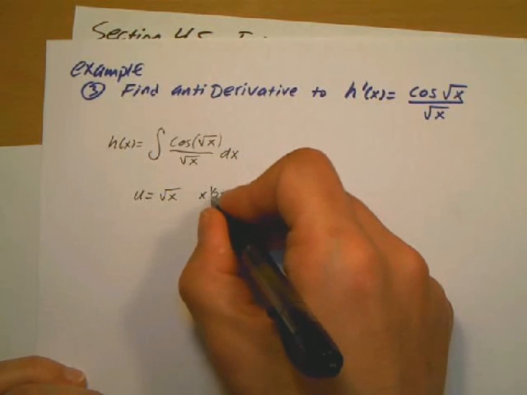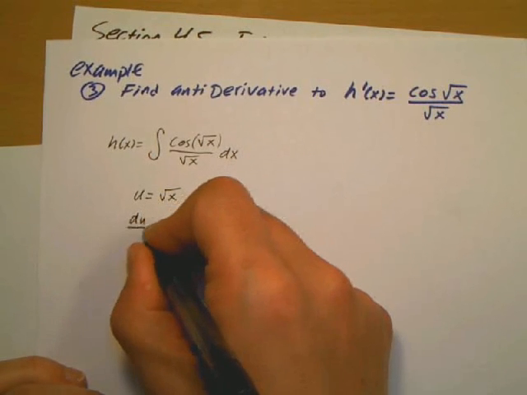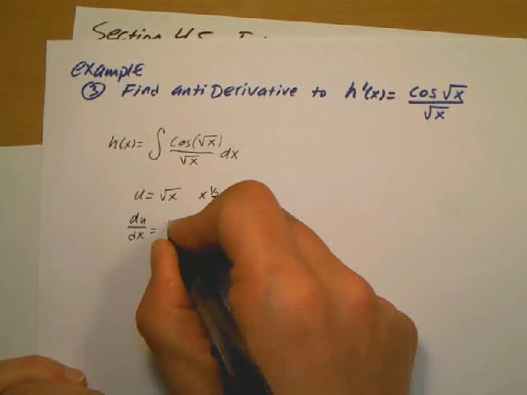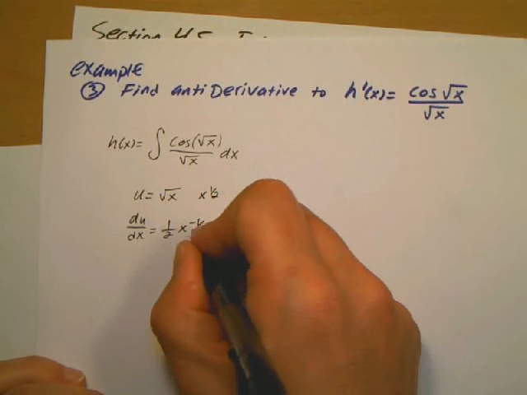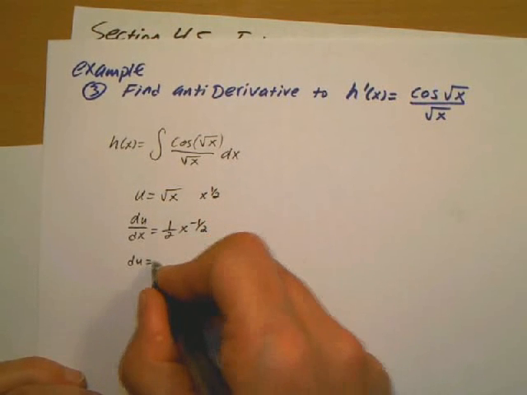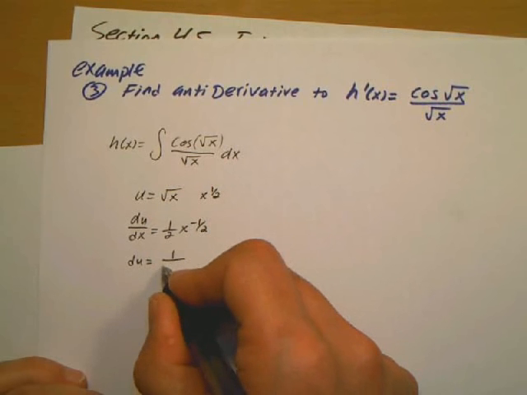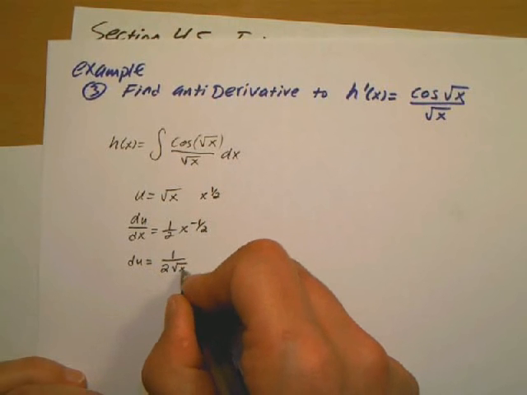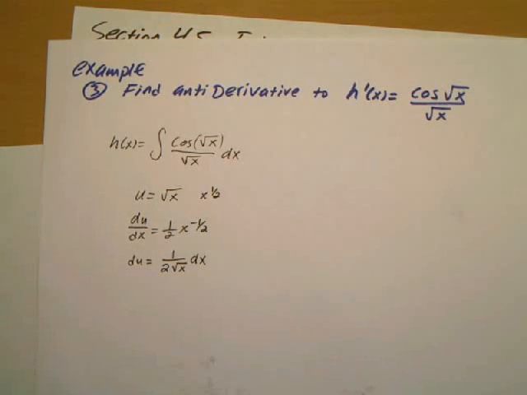Now I can write this as x to the 1/2, because now the derivative of that by the power rule is 1/2 x to the negative 1/2. If I cross multiply, it's du equal to 1 over 2 square root of x dx.